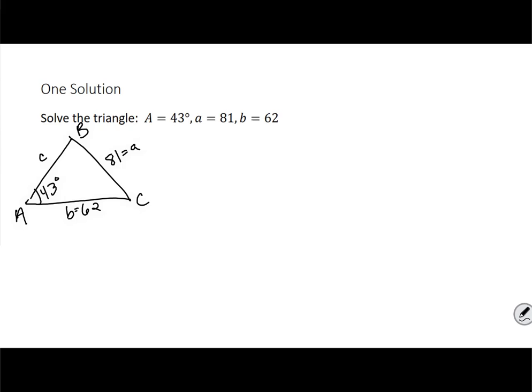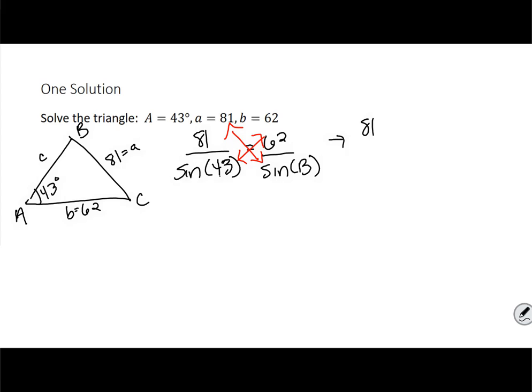So little a over sine of angle A, which is 43, equals 62, which is side b, over the sine of angle B. Now, with some cross multiplication and division, we get 81 times sine B equals 62 times sine of 43.